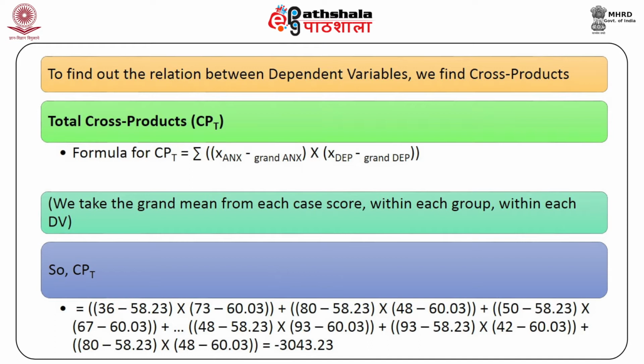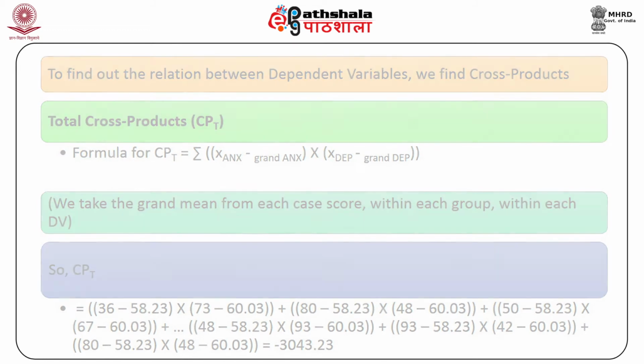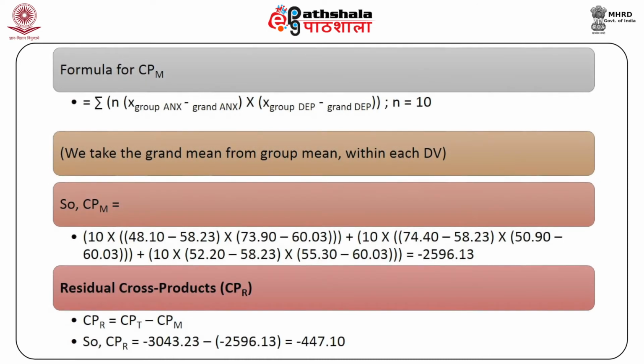We will have to keep referring back to the table of data, that is table 1, to calculate the different quantities that we need for MANOVA calculation. The model cross product, the formula for the cross product is as shown here with a sample size of 10.